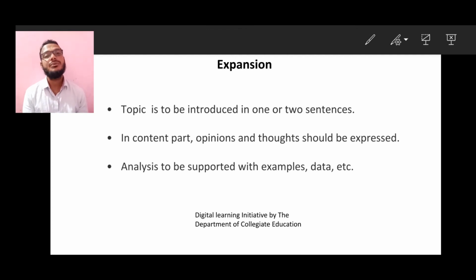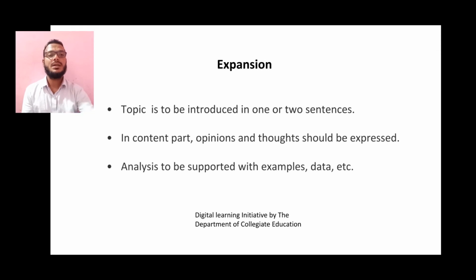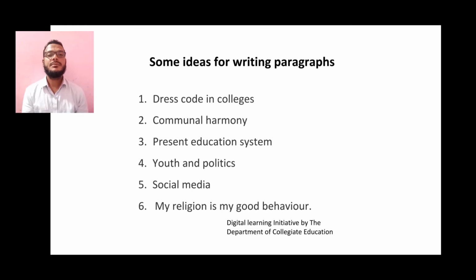You have to give justification in support of that opinion. You have to give some data in support of that. You have to give some examples in support of that. Then it would be a good paragraph. If your paragraph contains all those things, definitely it would be the best paragraph in this regard.